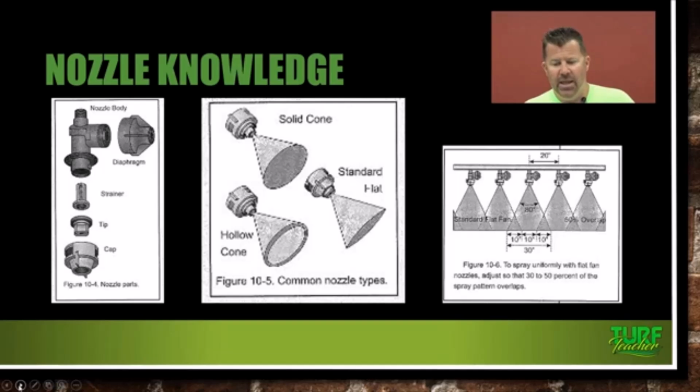And you know, they're on 20-inch centers, and they have a 50% overlap, 10 inches on each side, because it's only 20-inch spacing and they're overlapping 10 inches between the nozzles. So study that information. Also know nozzle spacing. That's the distance between the nozzle tips from center to center, and then your tip orifice. You know, read up on that. There's a few questions on the state exam about nozzle tips.